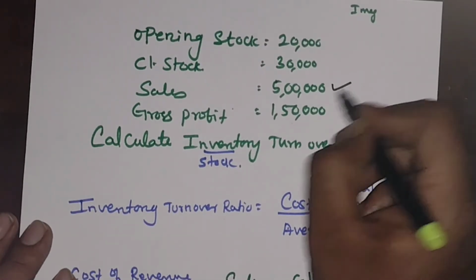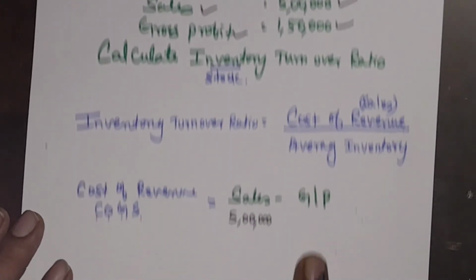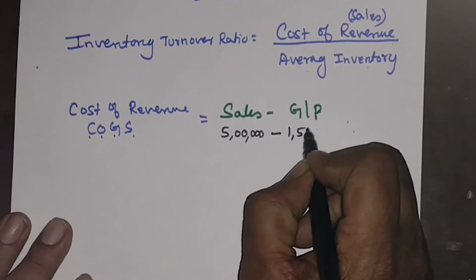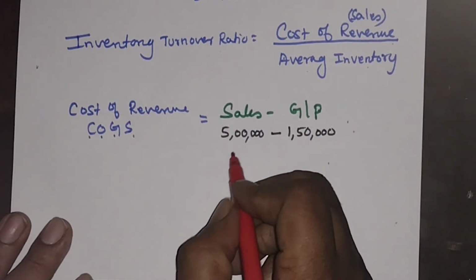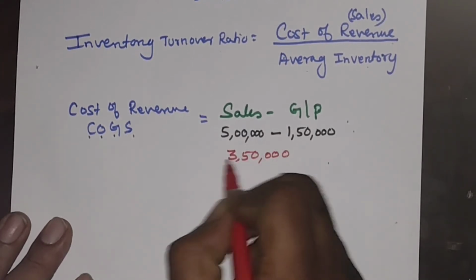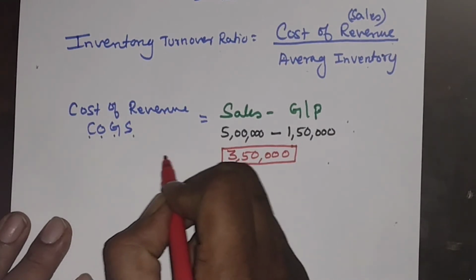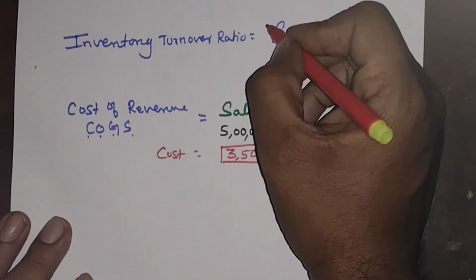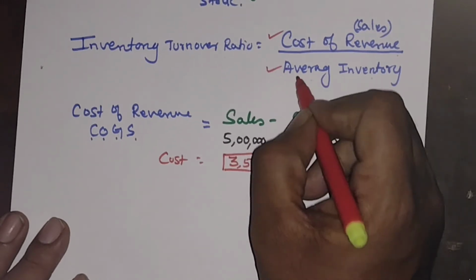Sales is 5 lakhs, gross profit is 1,50,000. Now 5 lakh minus 1,50,000, the available answer is 3,50,000. This 3,50,000 is called the cost. And we got the numerator.